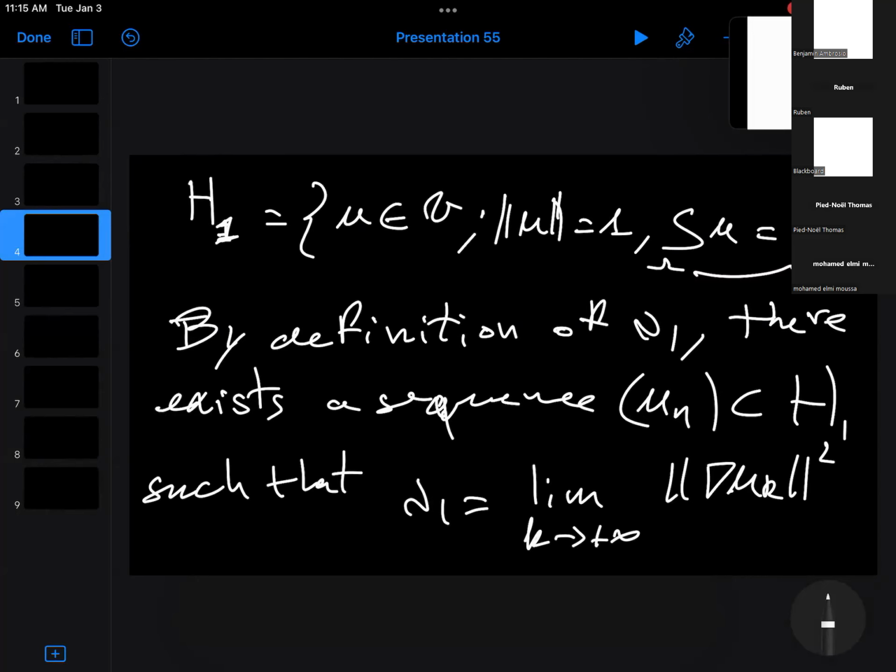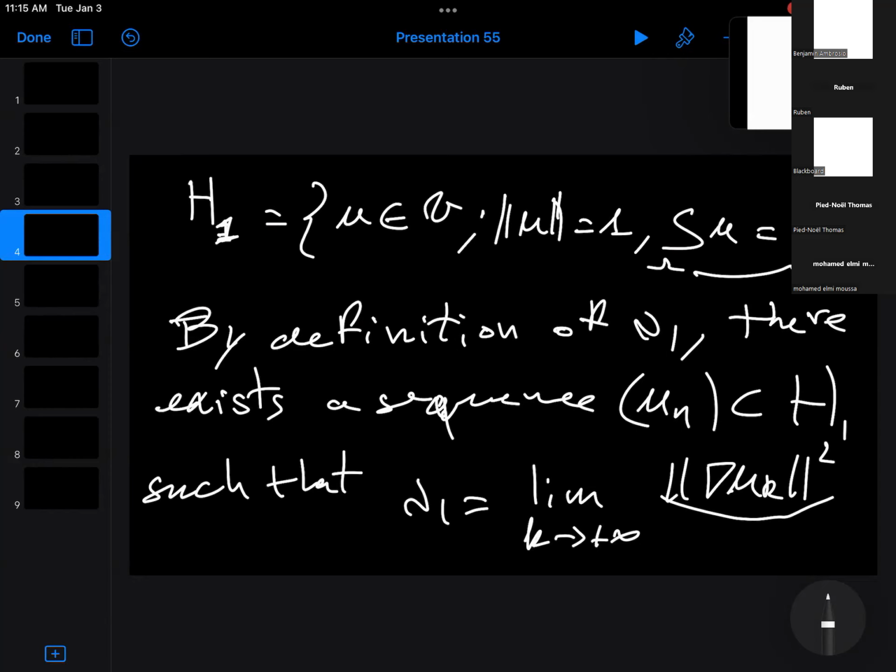So what do we have next? We have a sequence here in this space H1. So here you can see that this will be bounded. Every function that converges is bounded. Also, the norm in L2 is 1.